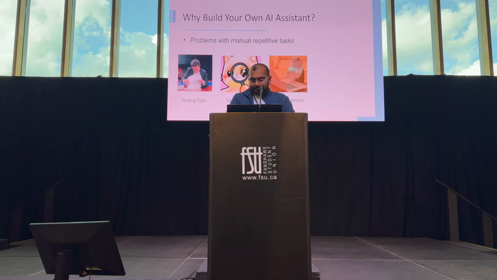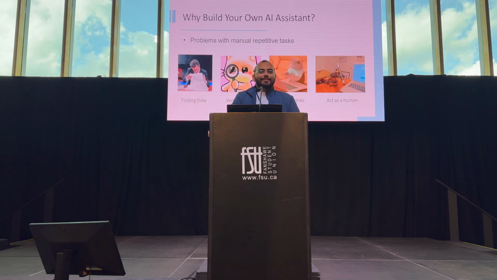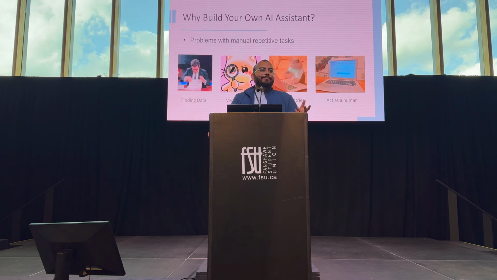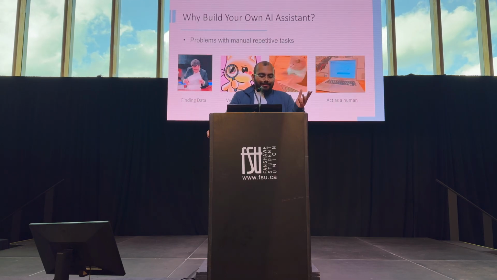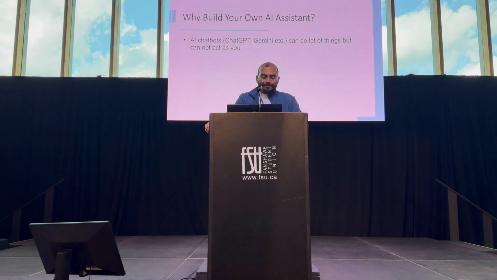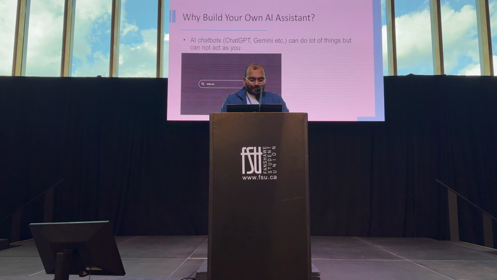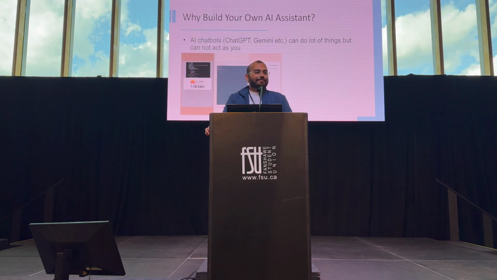And acting as a human. AI can do a lot of things, but it cannot act as a human because of certain guardrails they have provided as part of the actual instructions of the LLM. So this will solve the whole problem of acting as a human. If you ask Gemini, ChatGPT, or anyone to create a snake game in Python, it can do it very fast.